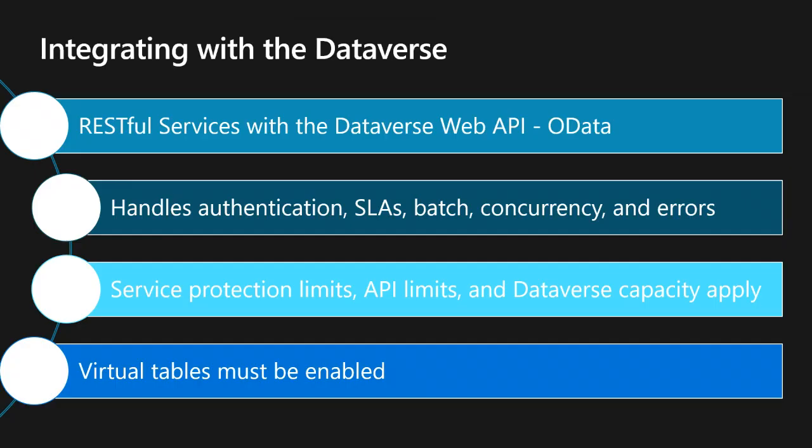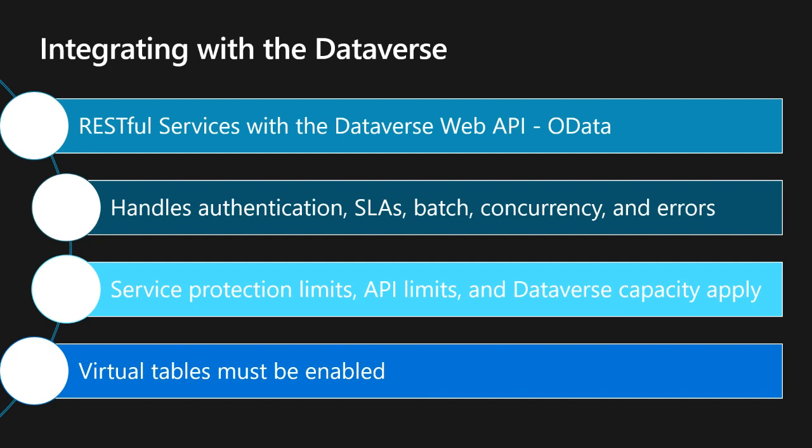There are a few things to keep in mind when integrating with the Dataverse. The integration is designed with RESTful services using the Dataverse Web API, which leverages OData to write data back to the human resources application. The integration handles authentication, SLAs, batch processing, concurrency, and has error handling built in.